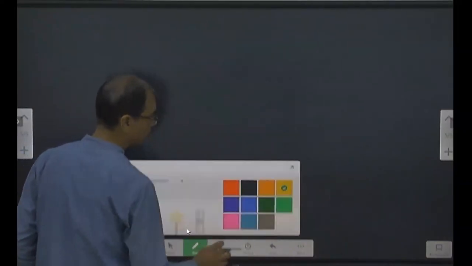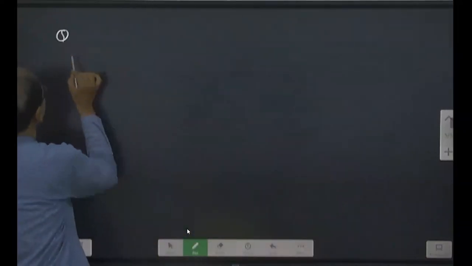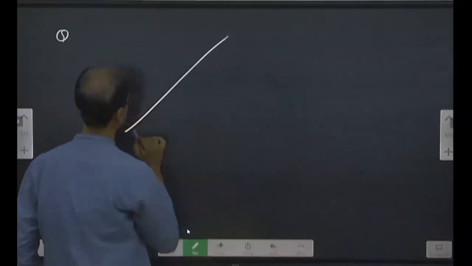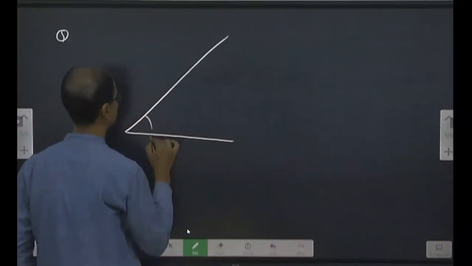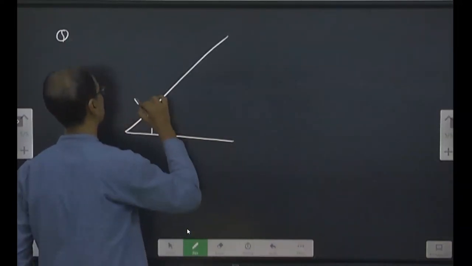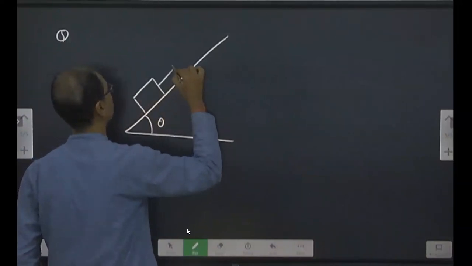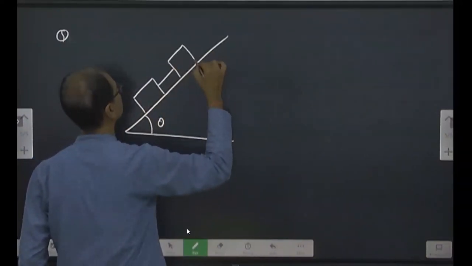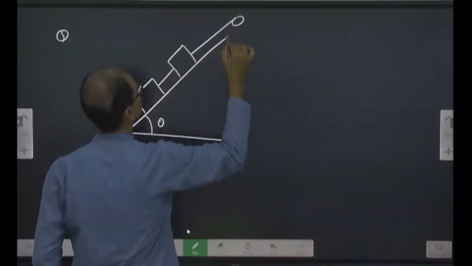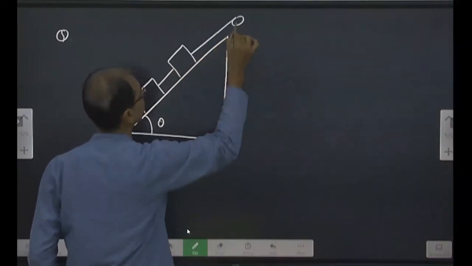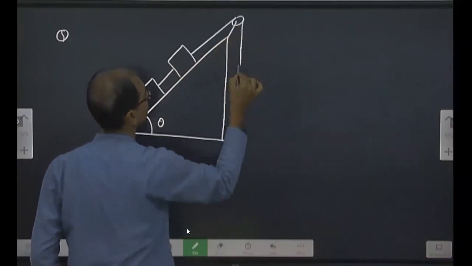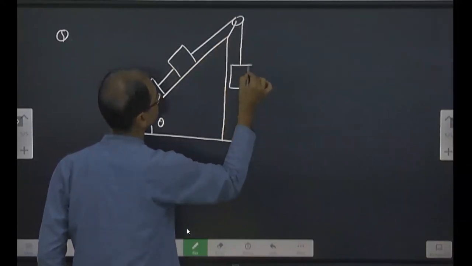Now this time we'll be connecting two blocks along the incline. So here it is. Block number 1, block number 2, and here is the pulley, and here is another block.